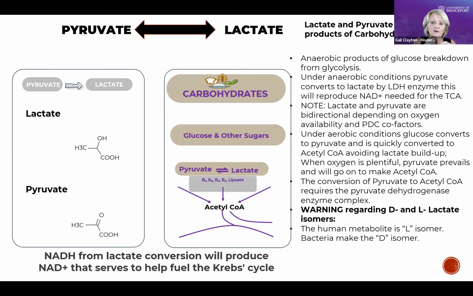And then the enzyme we use to convert pyruvate to acetyl-CoA is called the pyruvate dehydrogenase enzyme complex, which you'll learn later. Now, this isn't something you're going to be tested on, but you will learn this in 560D: the difference between D-lactate and L-lactate.